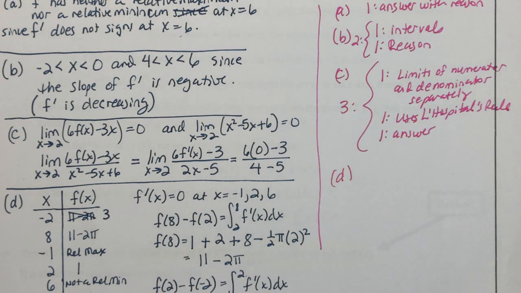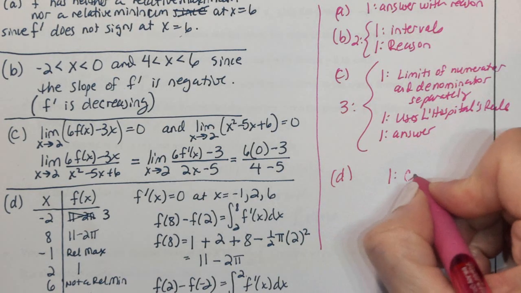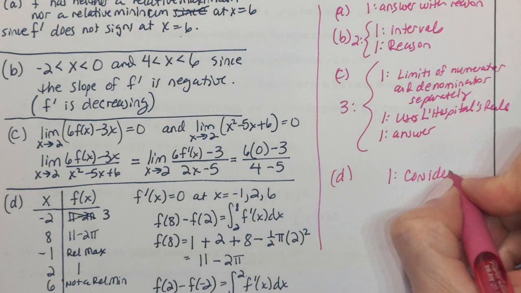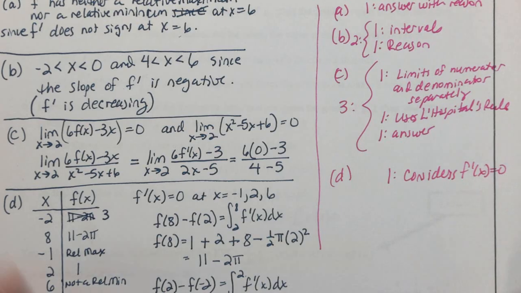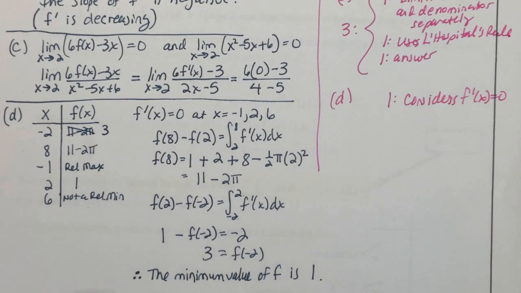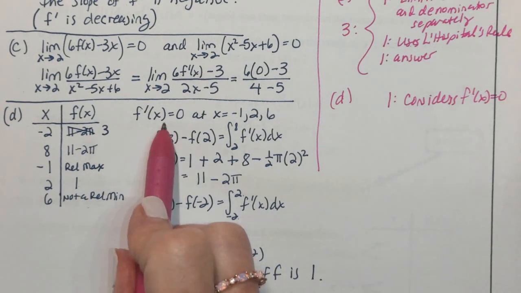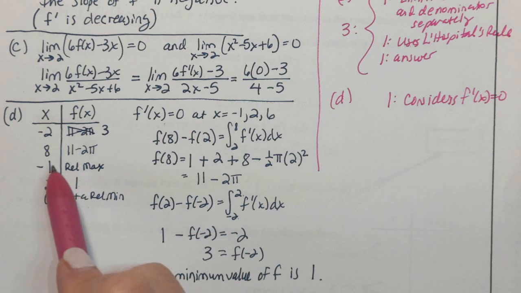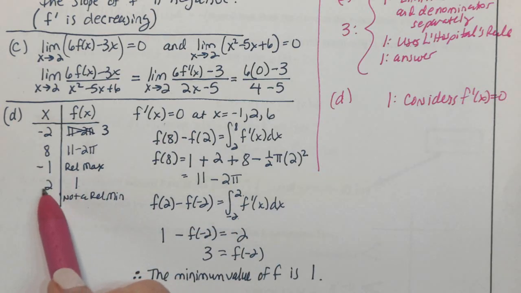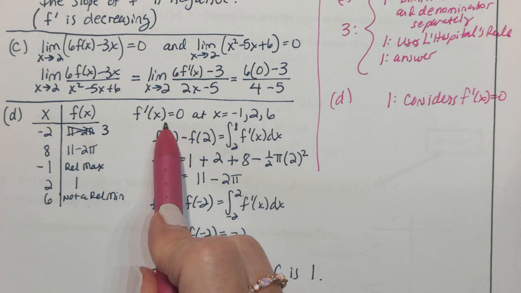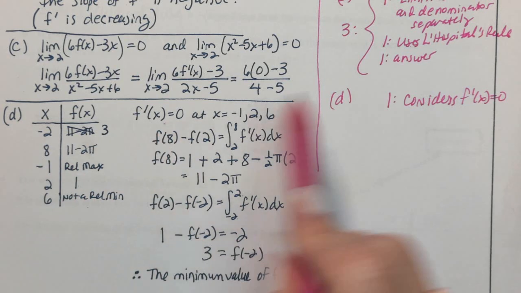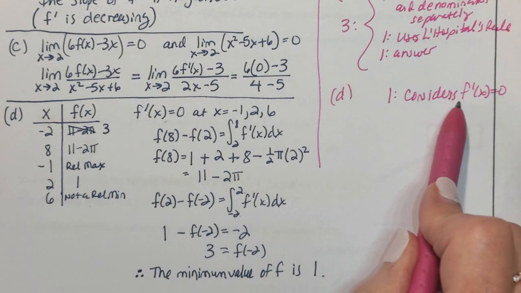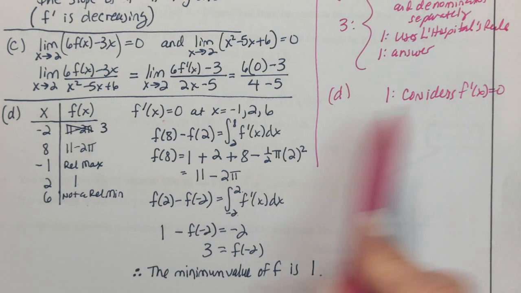For part D, let's see, 1 point for considers f prime is equal to 0. Okay, did we consider f prime is equal to 0? Yes, we did. So what if we had put these numbers down without saying that? If we had put these numbers down without saying that, we would not have earned this point. Okay?